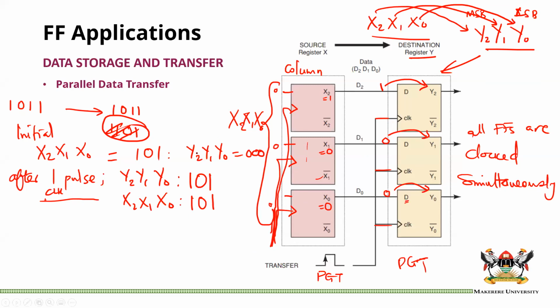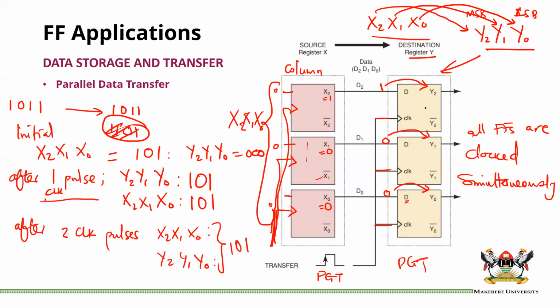Now I want to ask, after two clock pulses, what is x2, x1, x0, and what is y2, y1, y0? Yes, both will still be 1, 0, 1.